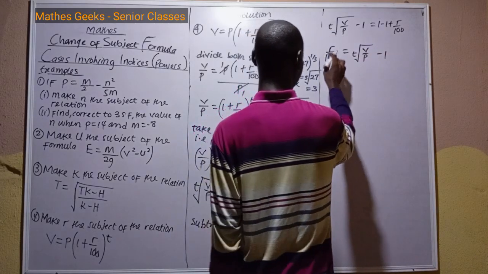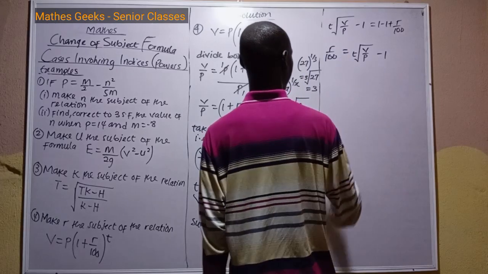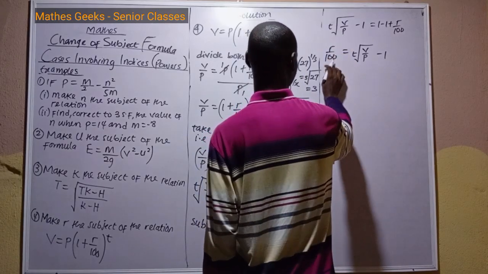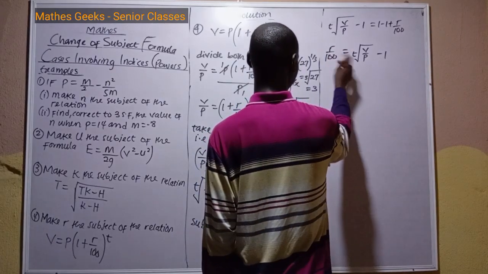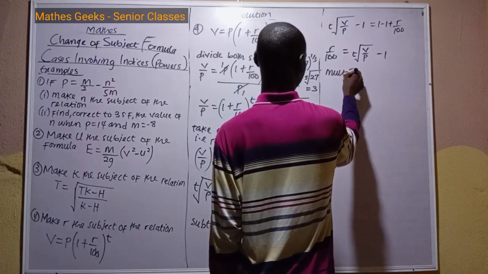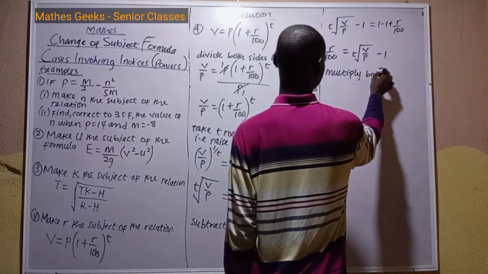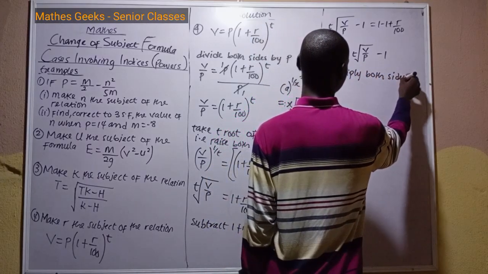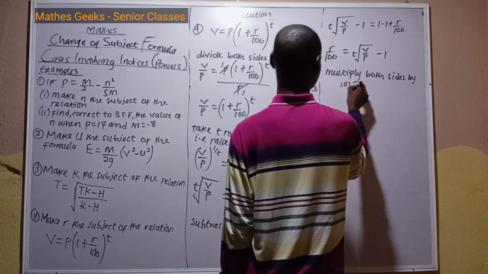So we want to make R the subject of the formula, but R is connected to 100 by division. So to eliminate 100, multiply both sides by 100.